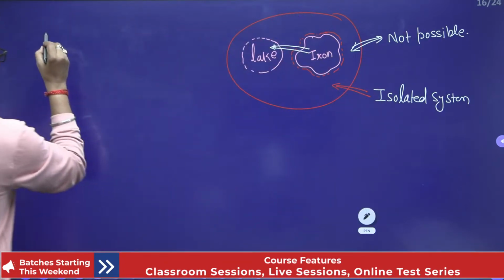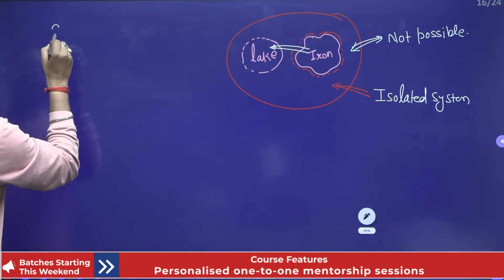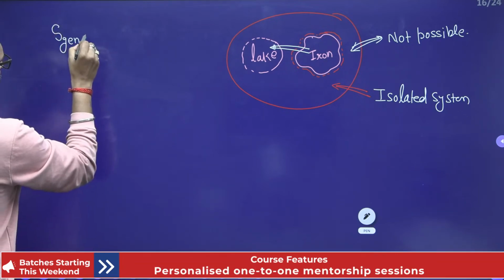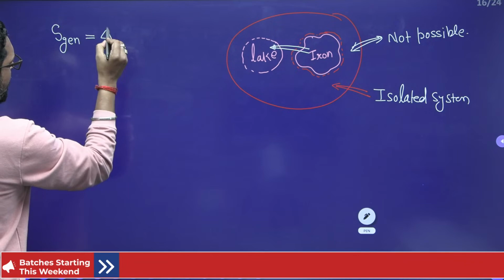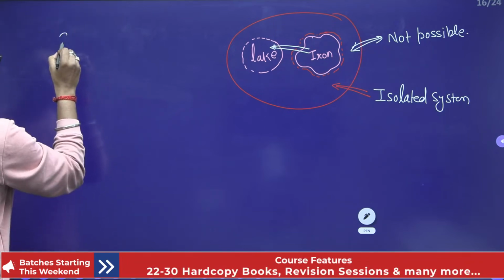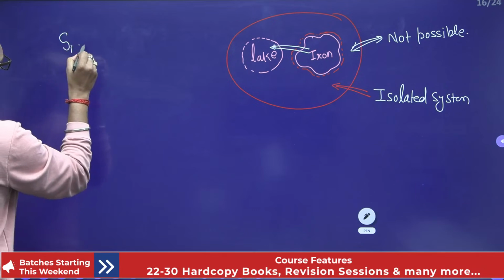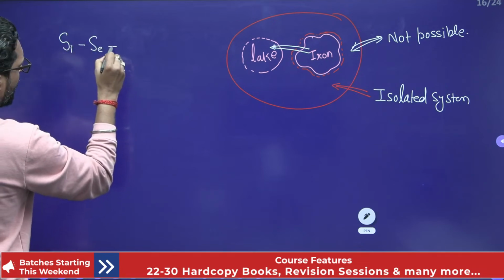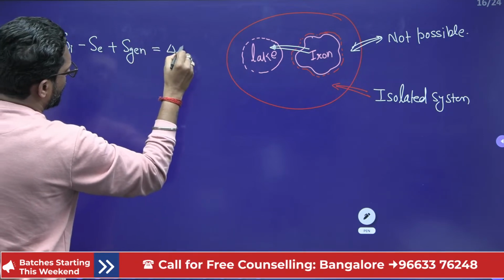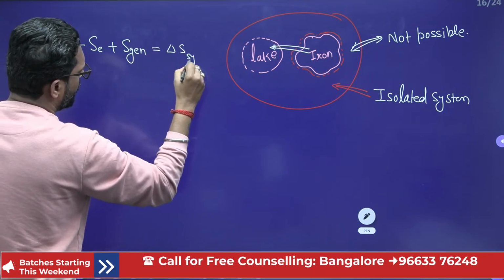And we know that S generation is equal to delta S. Why? We know that S in minus S exit plus S generation is equal to delta S of the system.